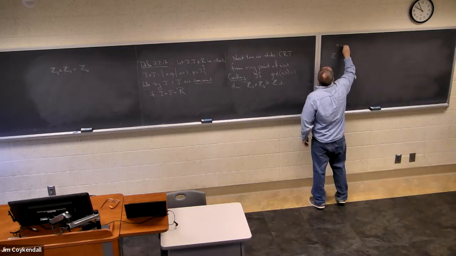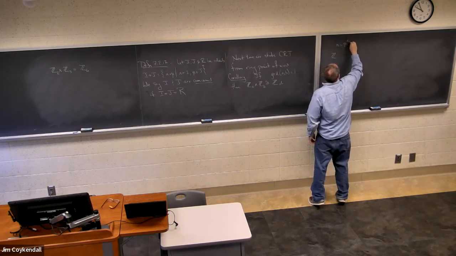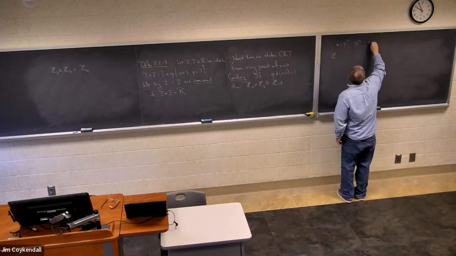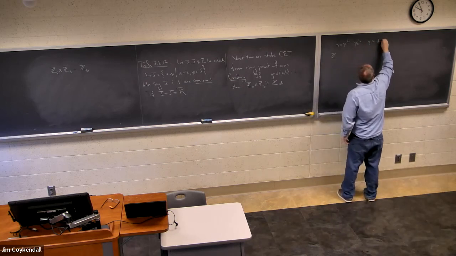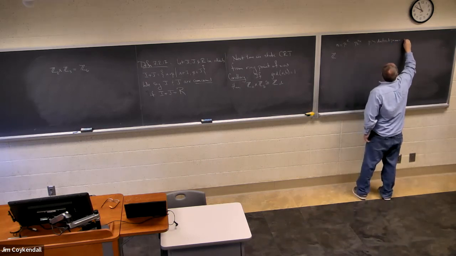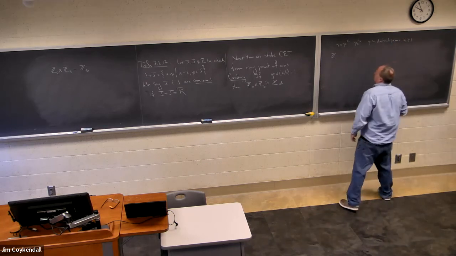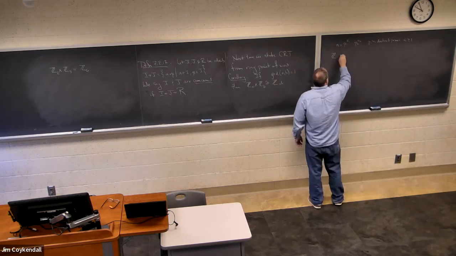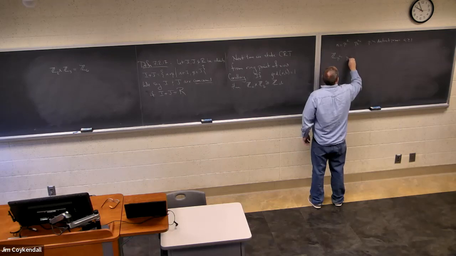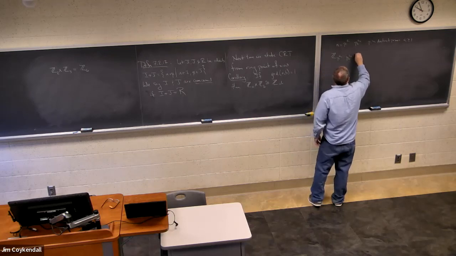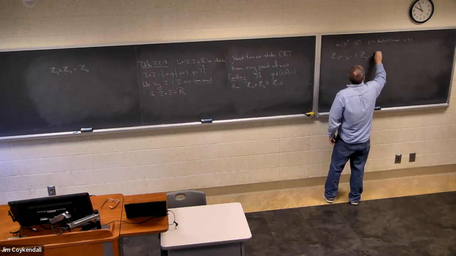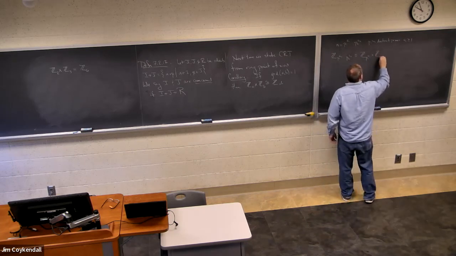If N equals P1^A1 through PK^AK, with the Pi's distinct primes, and each Ai is greater than or equal to 1, this is isomorphic to Z_P1^A1 cross Z_P2^A2, and so on.